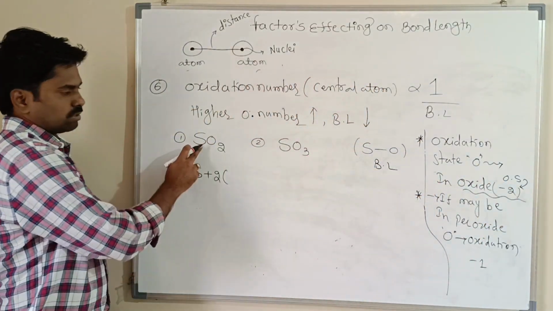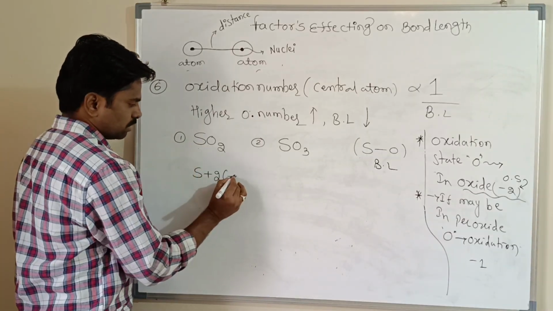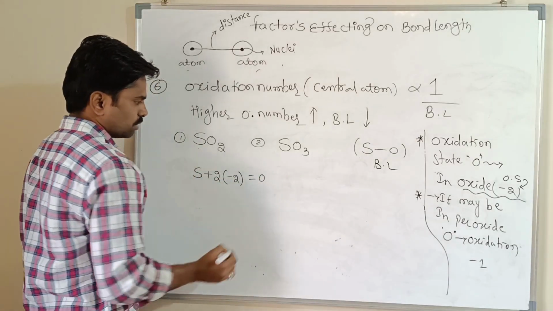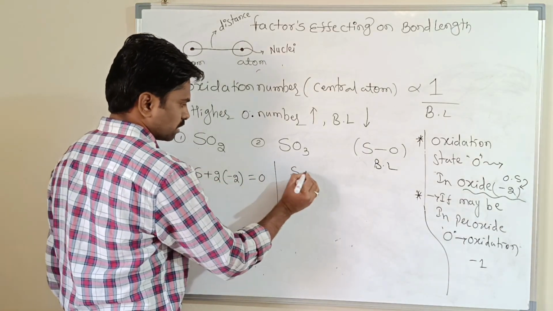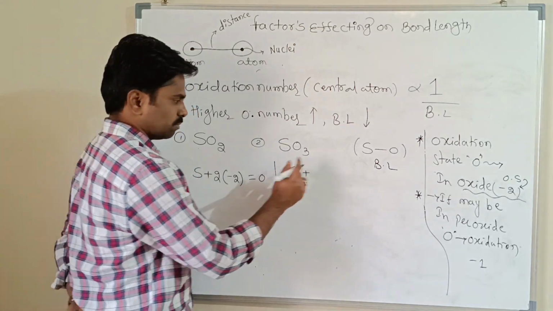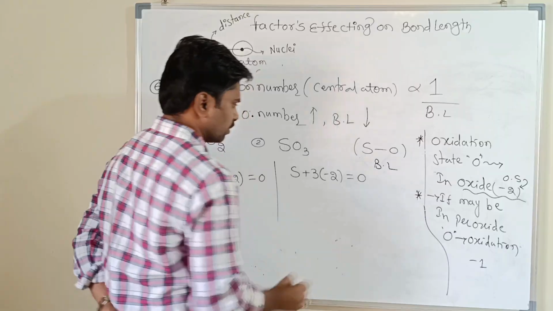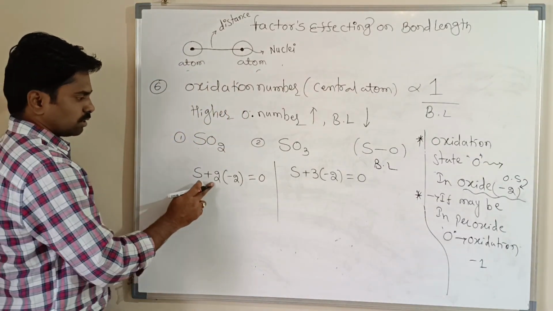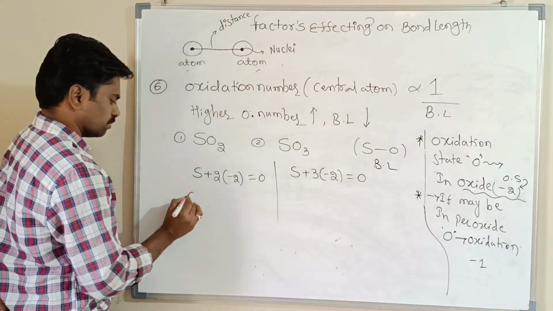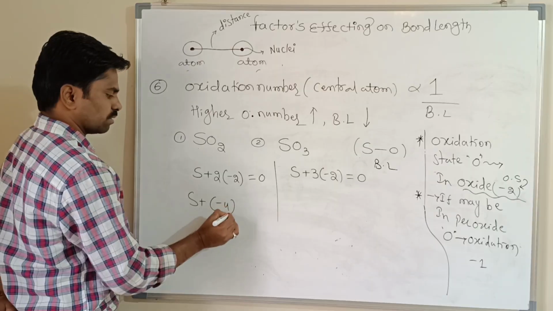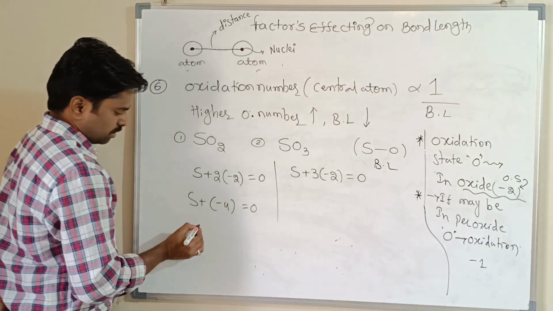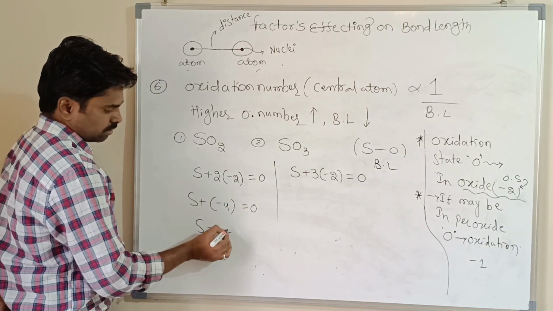Right. So in sulfur dioxide, S plus oxygen oxidation state -2, that is equal to 0. And here sulfur trioxide, sulfur is the central atom. How many oxygens? 3. So what about the oxidation number? -2, that is equal to 0. Here 2 oxygens multiplied by -2 is -4, that is equal to 0. And after plus S into -4 equals 0.